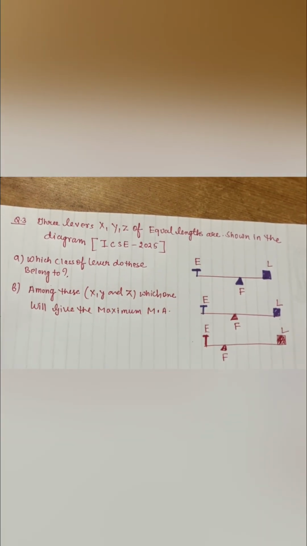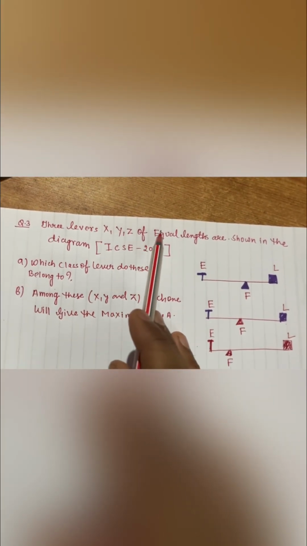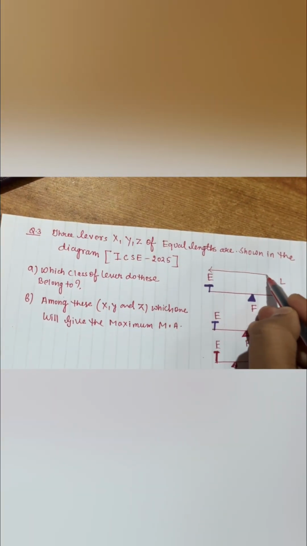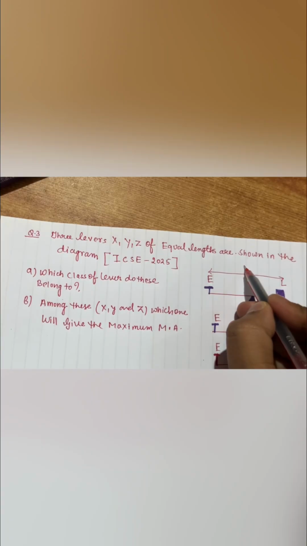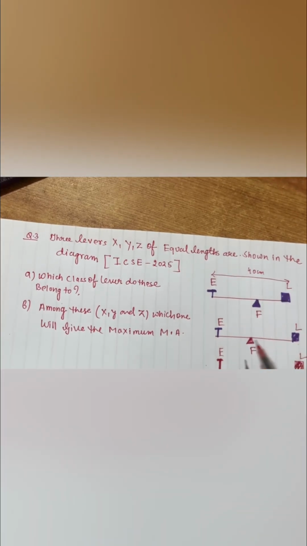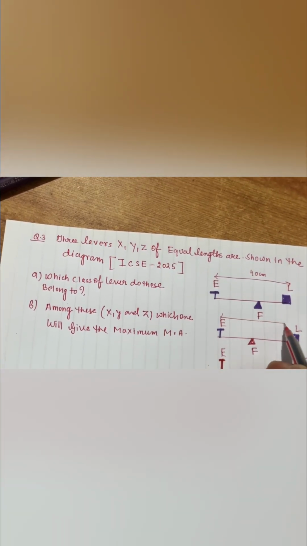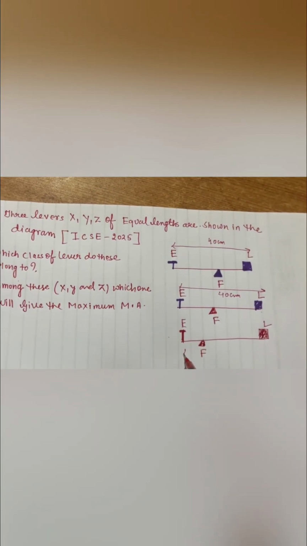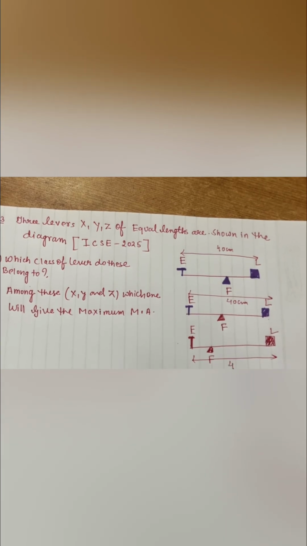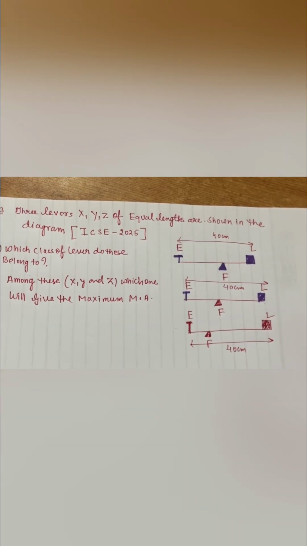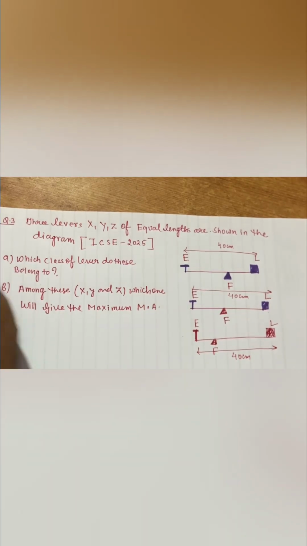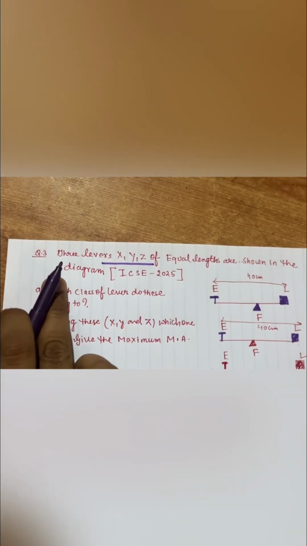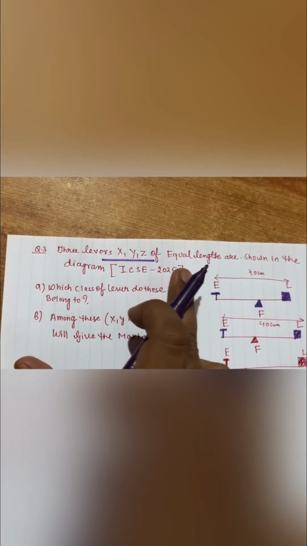These are the 3 levers X, Y and Z of equal length. Let us suppose the length of this lever is 40 centimeters, this lever also has a length of 40 centimeters, and this one is also 40. So the three levers X, Y and Z have equal length.